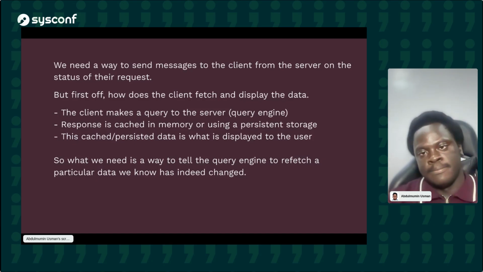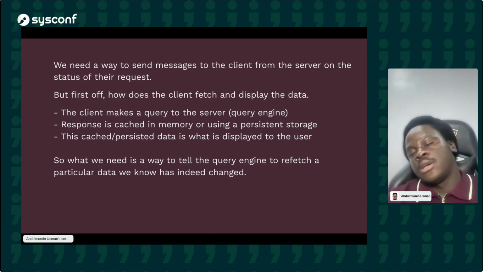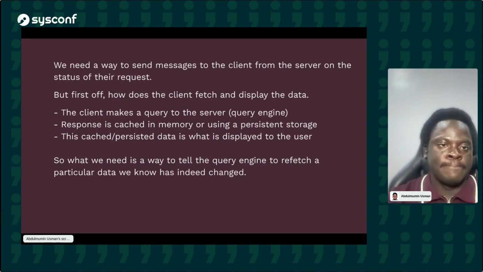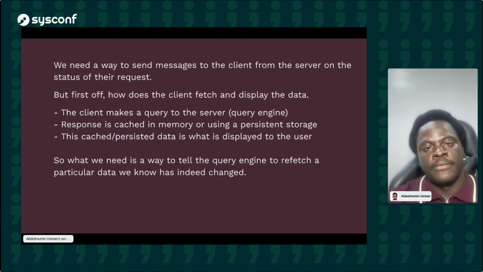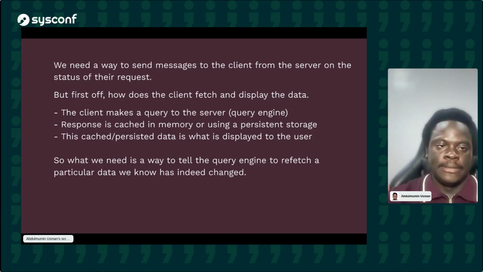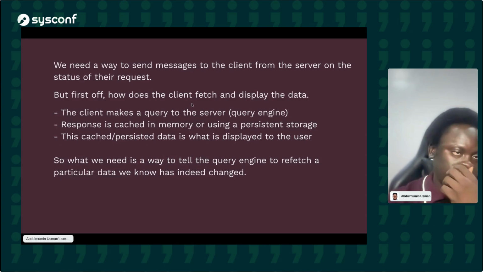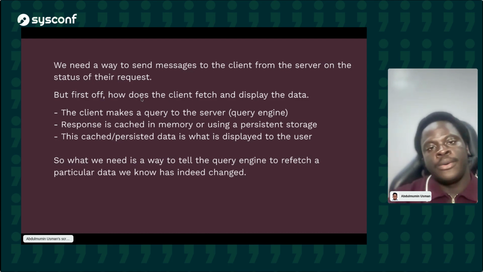What is actually used here is a memory mapped storage for mobile, MMKV, which we could also go into separately. But this cached persisted data is what is displayed to the user. So we've seen through this loop that the client needs to make a query, and that query is cached, and that's what the user sees.